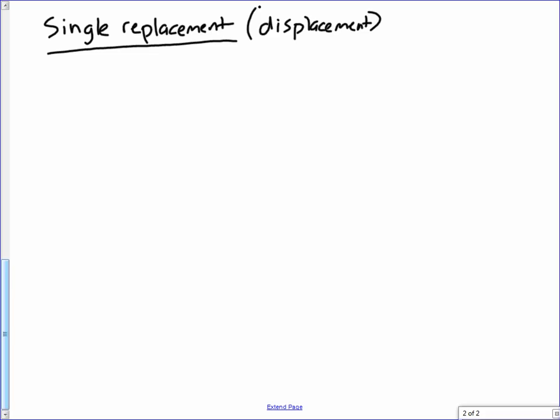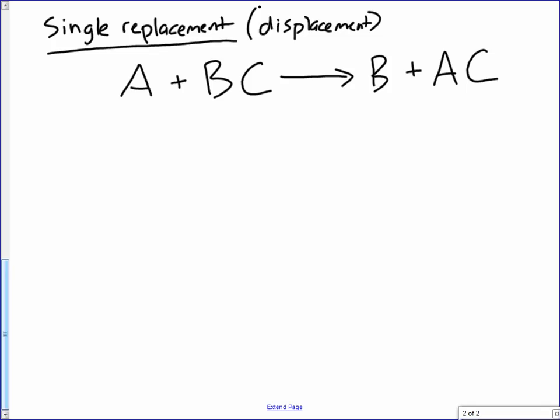So in this type of reaction, you have an element, we'll call it A, reacting with a compound, which we'll call BC. And we're just going to do a single replacement. So one element is switching places with one other element. So we're going to end up with B plus AC. So you see A just kicked out B, basically.